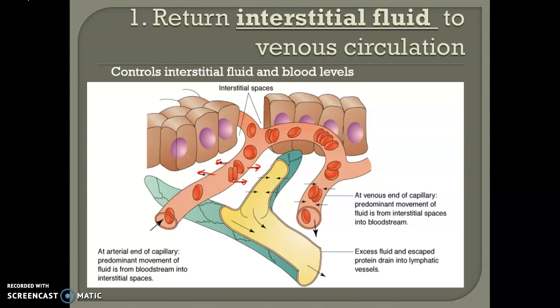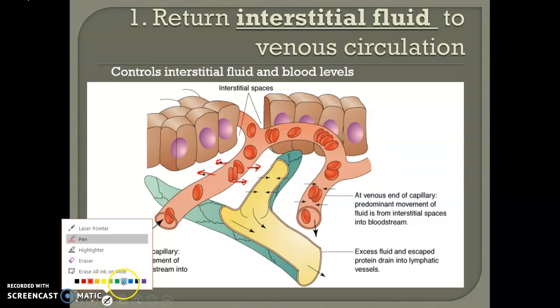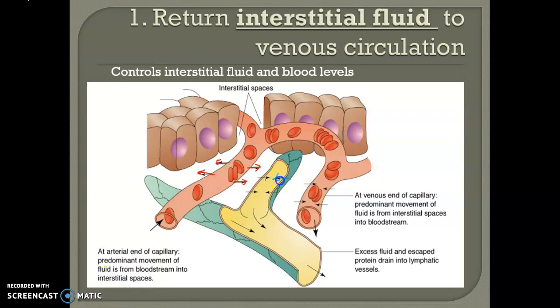But usually an excess of about 3 liters of fluid remains in the interstitial space. This excess fluid is picked up by the lymphatic vessels, as shown by the arrows here. I'll just change color. Okay. The blue arrows that I'm drawing represent the pickup of the excess interstitial fluid into the lymphatic capillaries.